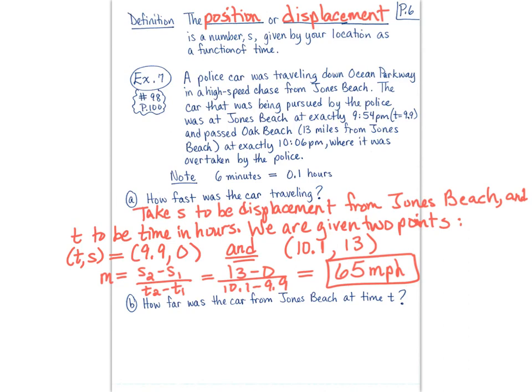Okay? Part B, how far was the car from Jones Beach at time T? So this part of the problem is really asking you to find an equation in slope-intercept form. How would you do that? You need to plug one of the coordinates, the x and y values, into the y equals mx plus b form, and then use your slope you just found.